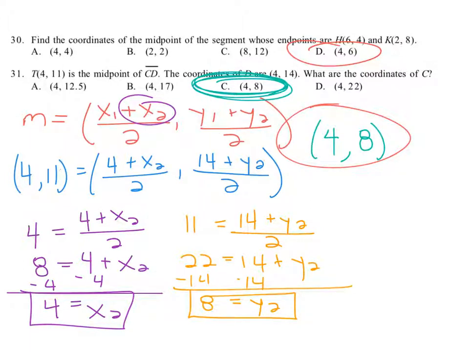If we're solving for one of the endpoints, which is what we're doing, then one of these won't be filled in. So you say 14, one of the endpoints' y-coordinates, plus whatever the other one is that's missing, divided by 2, should equal the y-coordinate, 11. And then you solve backwards to find out what the y-coordinate is. That's what you get.